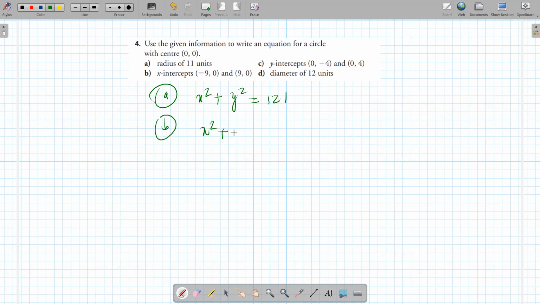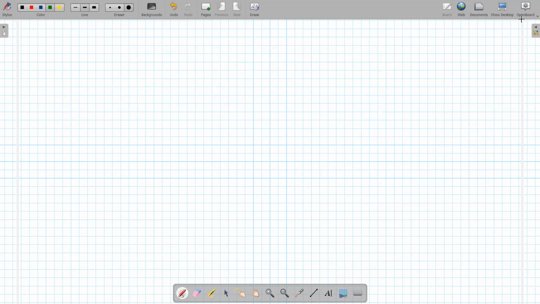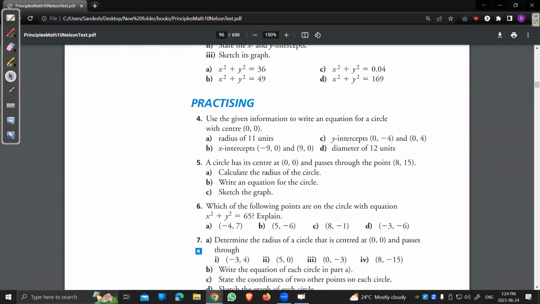It is going to be 9. 9 squared is 81. Part C, x squared plus y squared equals what? 16. Part D, diameter of 12 units. 36. Yeah, good. And you are done. Easy peasy.